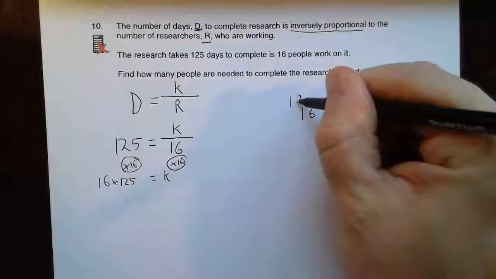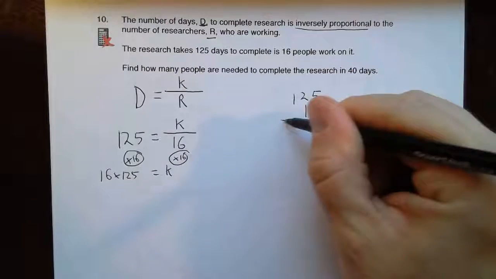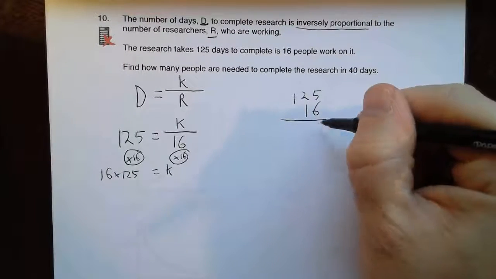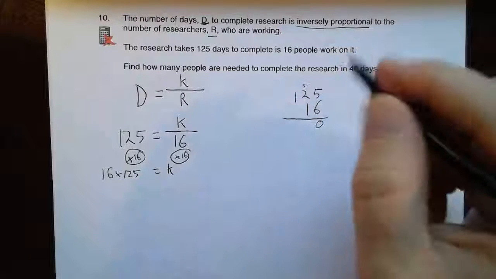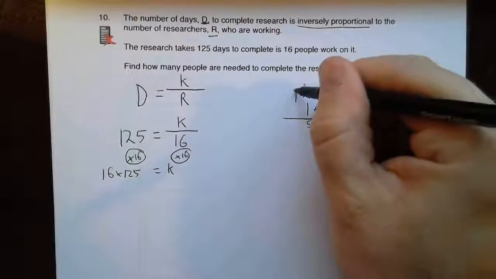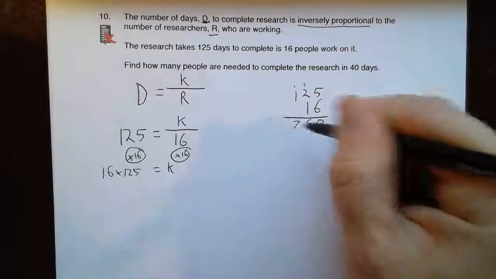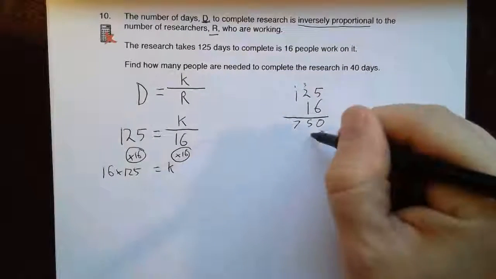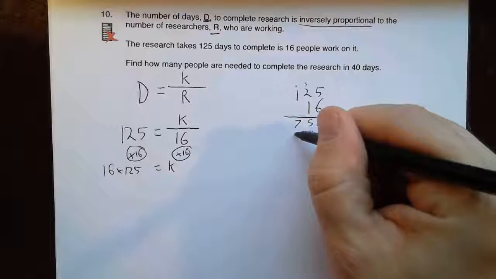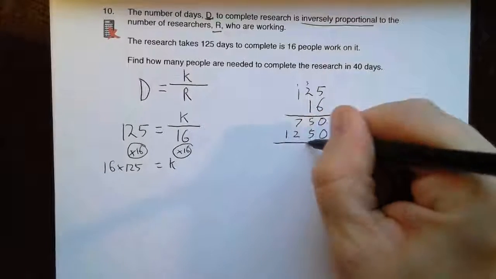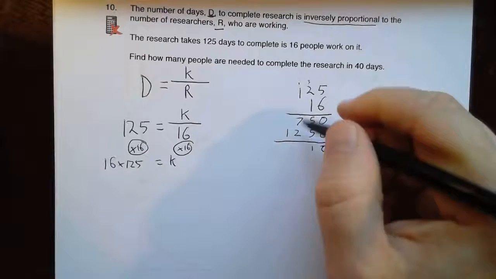16 times 125, you could use a grid method, you could use a column method. 6 times 5 is 30. 6 times 2 is 12, I can put in 15. 6 times 1 is 6, plus 1 is 7. 1 times 5 is 5, 1 times 2 is 2, 1 times 1 is 1.